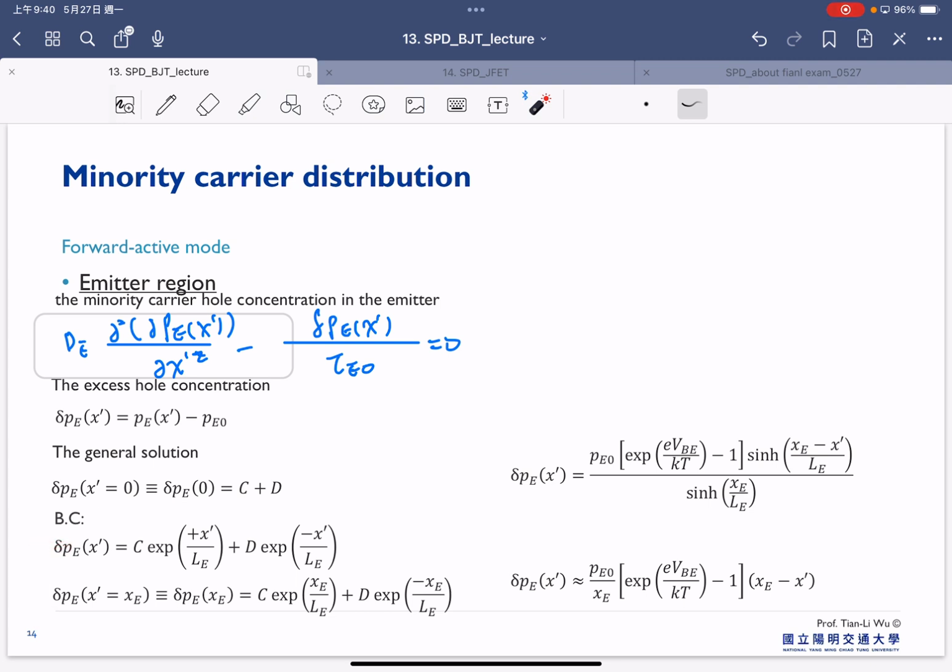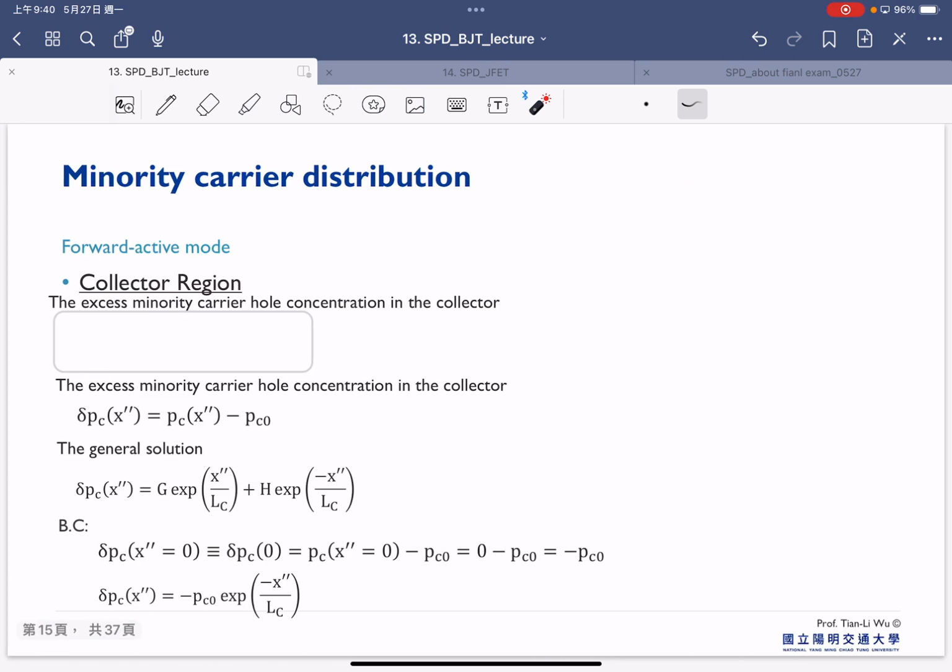In the end, we can solve this equation. We do similar things again in the collector.